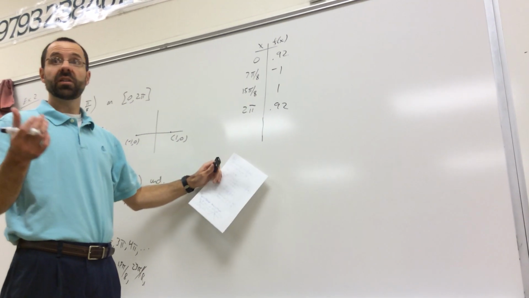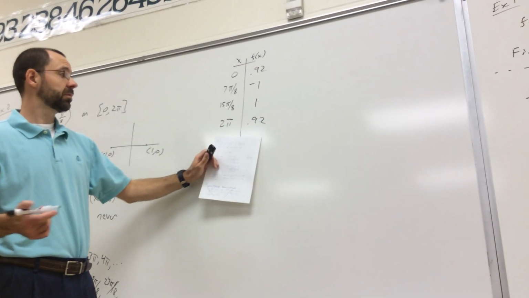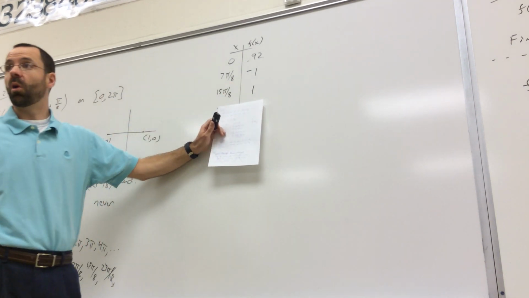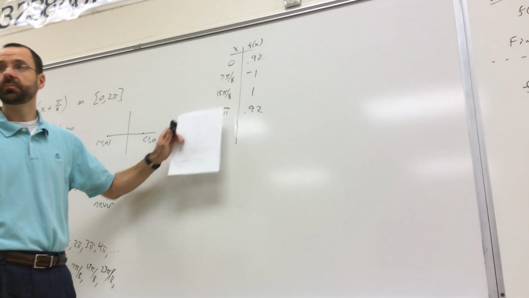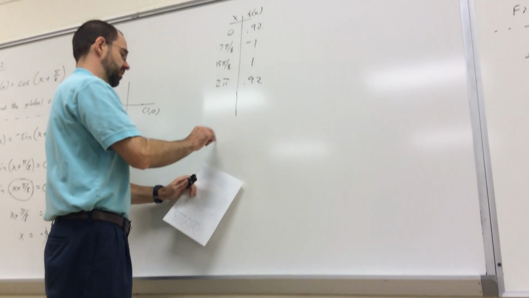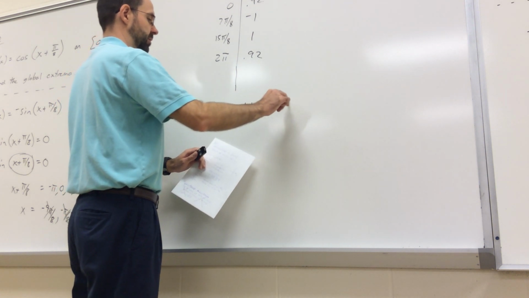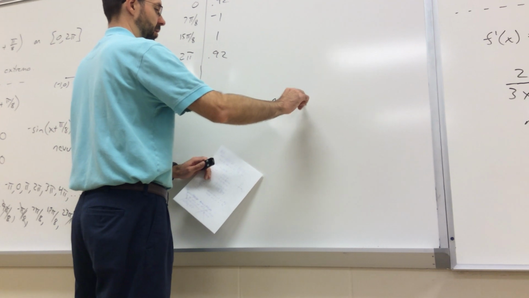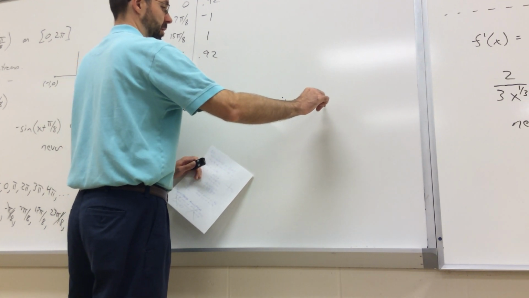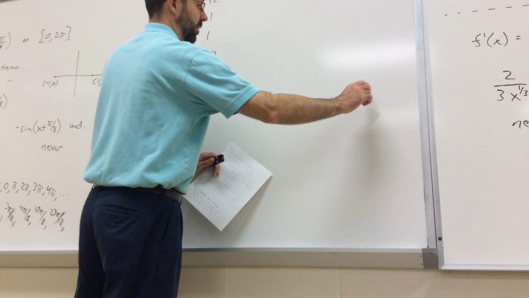Okay, so where's the absolute max? Right there, right? That's the biggest number, 1. So it's at 15 pi over 8. So the absolute max is 1, and it occurs at x equals 15 pi over 8.